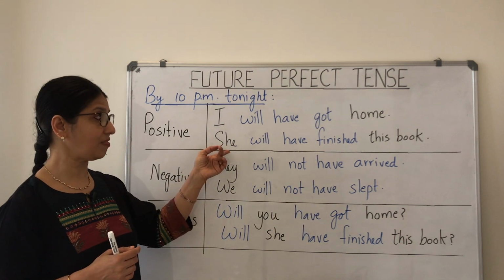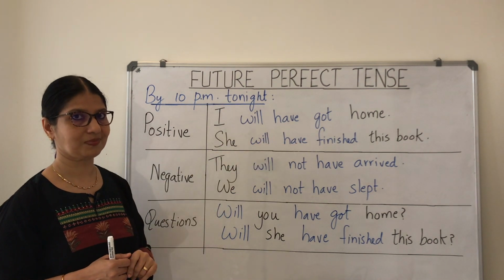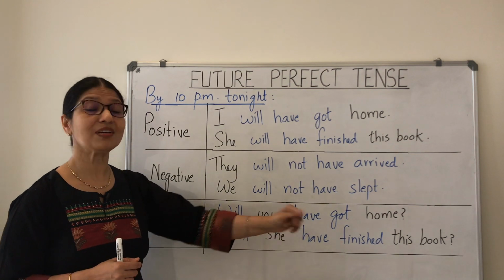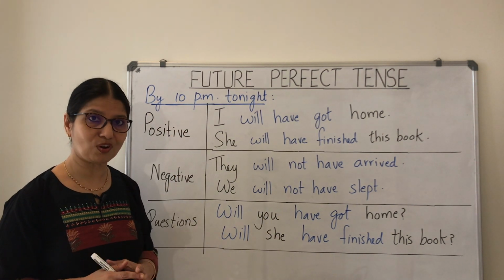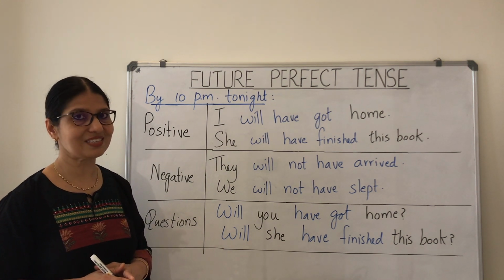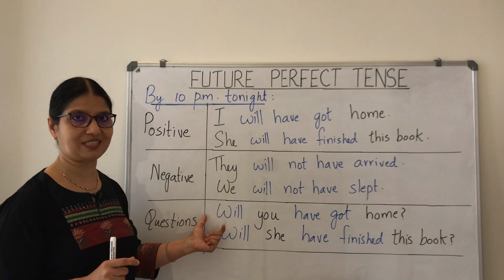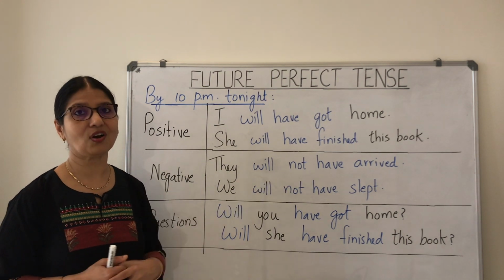Another sentence you have here is, she will have finished this book. So again, I started with will. So will she have finished this book by 10 p.m. tonight? And in order to form the WH question, you just have to add the suitable WH word in front of the yes or no question. So here I can ask, when will you have got home?